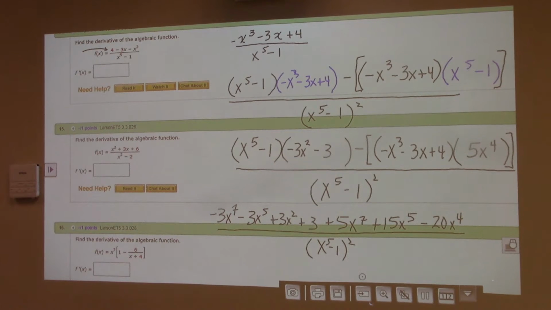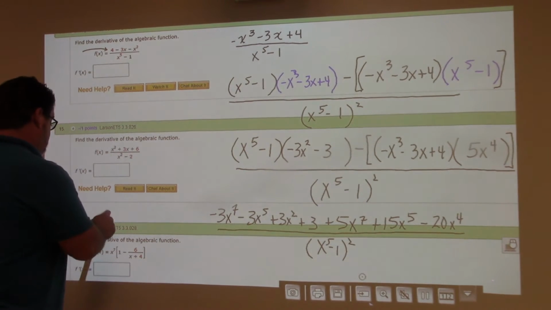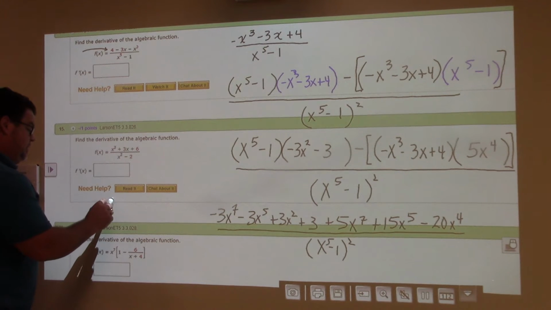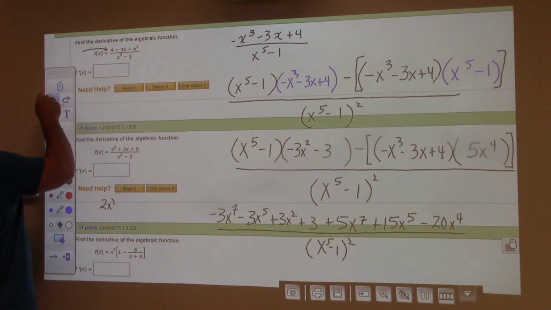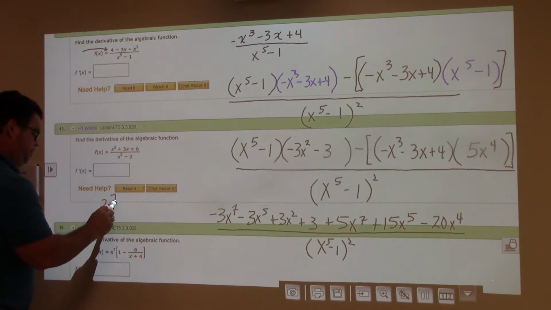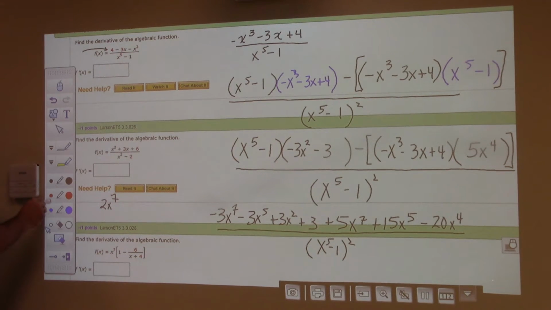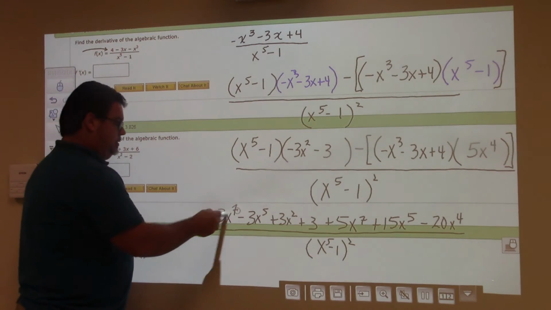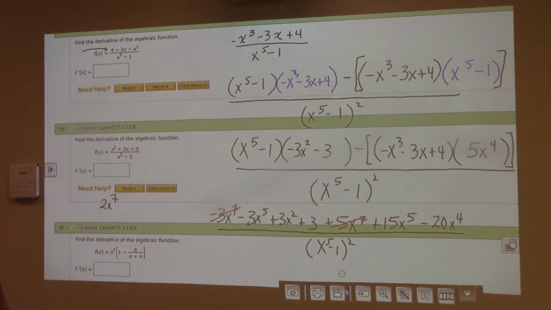So, what is negative 3x to the 7th plus 5x to the 7th? 2x to the 7th. Thank you, class. Okay, so that one goes out. That's these 2. They combine. Negative 3x to the 5th plus 15x to the 5th is 12x to the 5th.